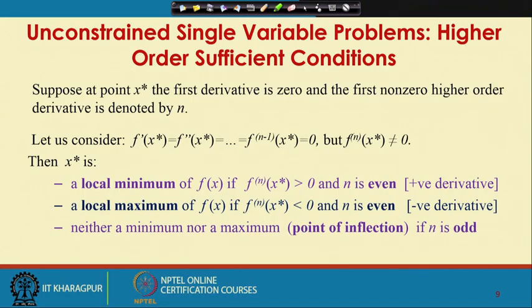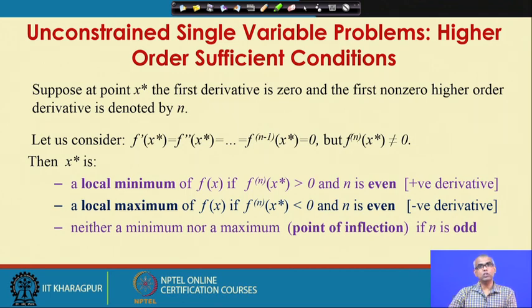So, what do we do? We look for higher order sufficient conditions. We will go on taking derivatives until we get the first non-zero derivative. So, next let us talk about higher order sufficient conditions.